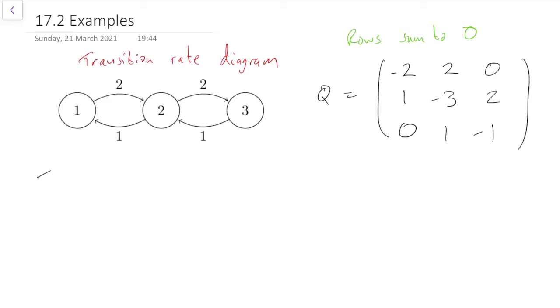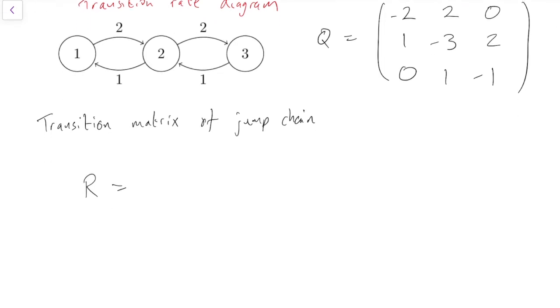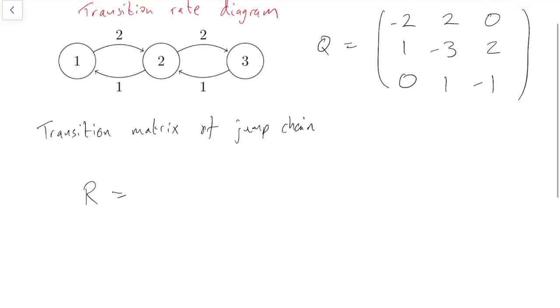Okay, so what's the transition matrix of the discrete time jump chain, as in the probabilities of where we jump? And remember that we called the transitions for the jump chain R. And so this is discrete time, so this is the things we're used to.